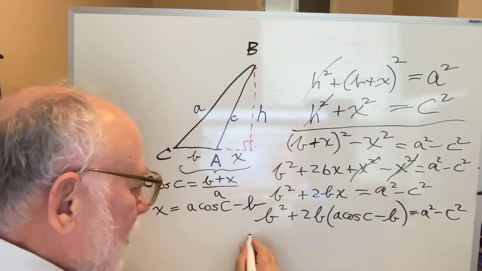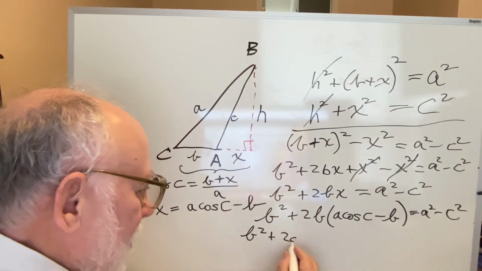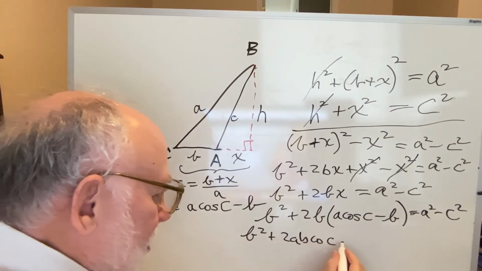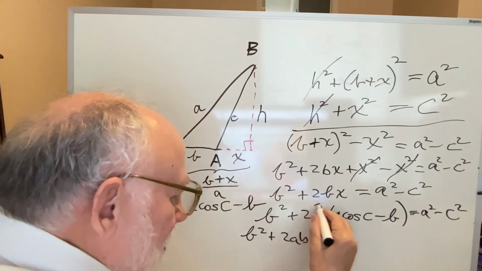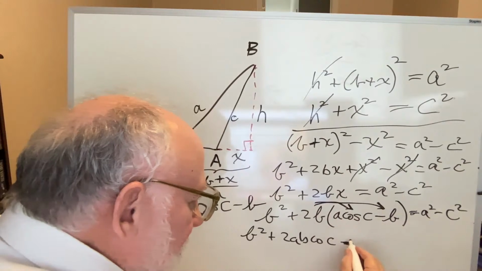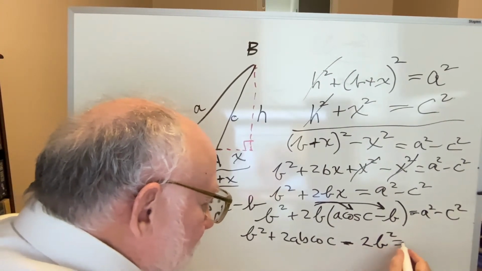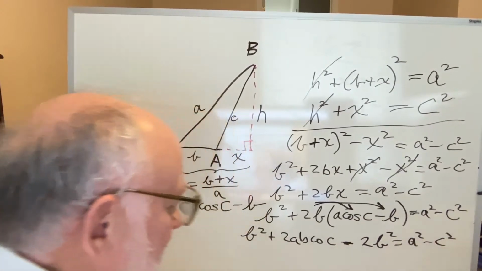So we get b squared plus 2ab cosine c minus, this is your distributive law, 2b squared equals a squared minus c squared.